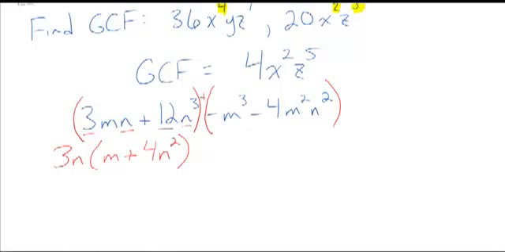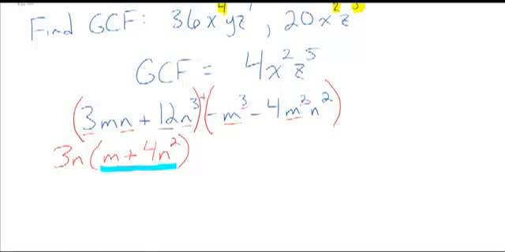Now let's look at the second pair. Now keep in mind, when we're factoring by grouping, we want the stuff in the parentheses to be the same. So we want to factor something out of this second pair so that we'd be left with m plus 4n squared. You'll notice that there is an m to the 3rd here, and there's an m squared here.